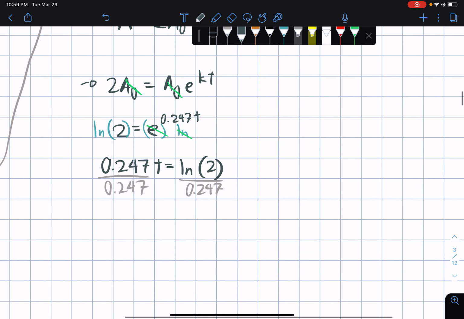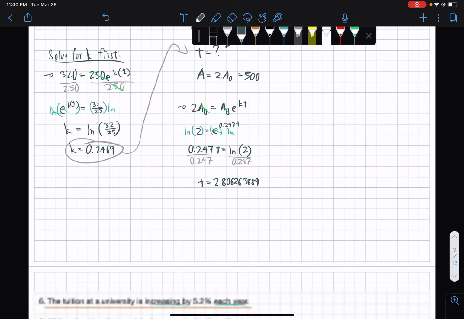And our t is, place the values in the calculator, and we get 2.806263889. Right? I'll leave this to you for a while.